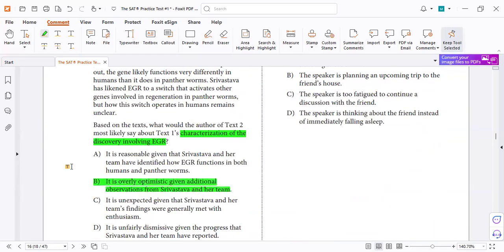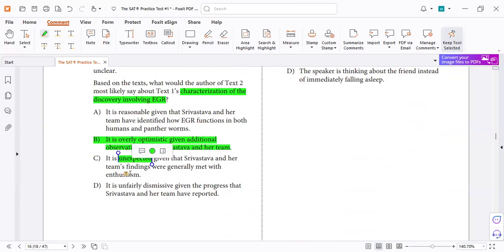Catch it? So always focus on what the question is asking for exactly. Of course, you're not negative. And here it's reasonable. This is 1A, it's confusing. But he didn't mention that.